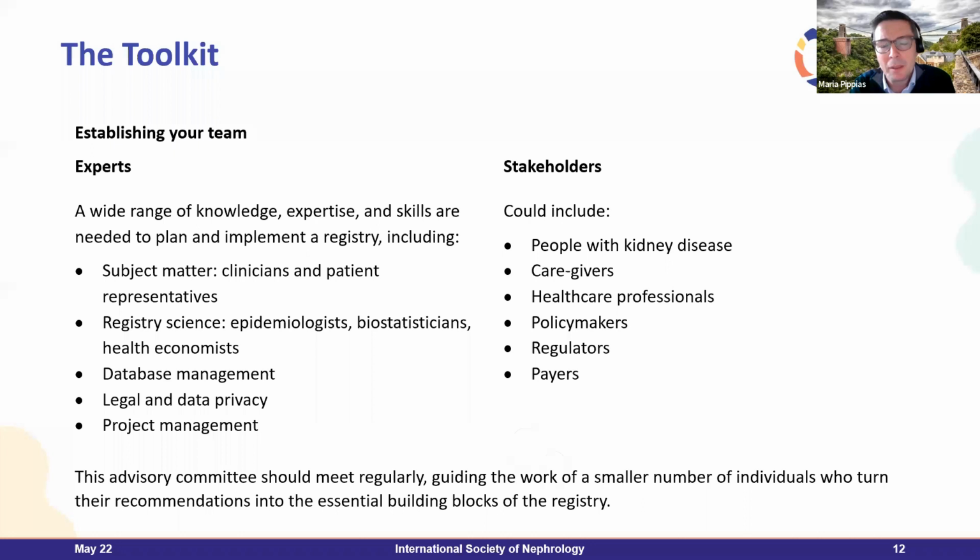That will obviously include clinicians, in our case kidney doctors and perhaps kidney nurses, but also patient representatives, partly because they understand the subject matter, partly because you might be asking them to provide patient-reported data, quality of life data, but also in terms of governance, which we'll come to later. It's very reassuring to ethics committees and the legal advisors if you have involved patients in the planning of your registry and the way that you process your data.